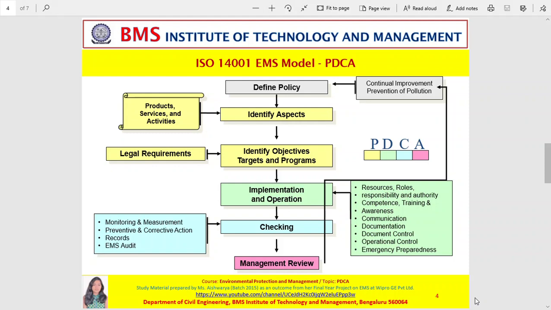Although documentation is very essential, document control and management is more important. It is essential for the assigned authority to approve the documents before they are put to use.